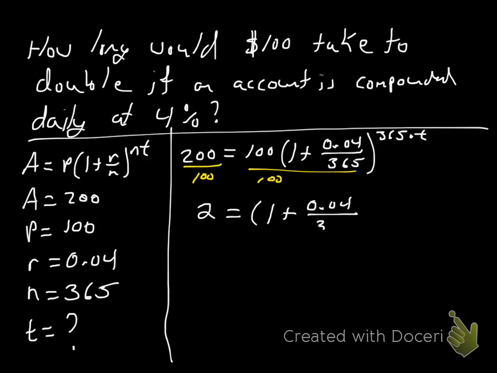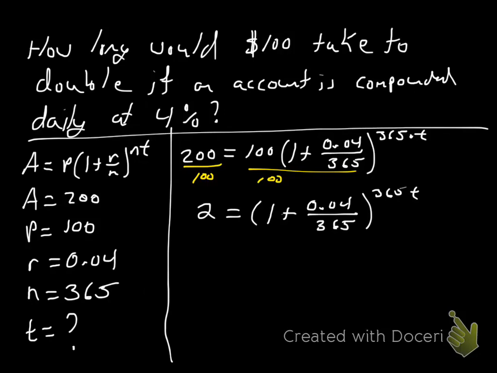And now I have choices. So you've solved stuff like this before, and now you either are going to log both sides or ln both sides and use the power rule to bring down the 365t, or you can use the definition of log, or rewrite as log form, excuse me.